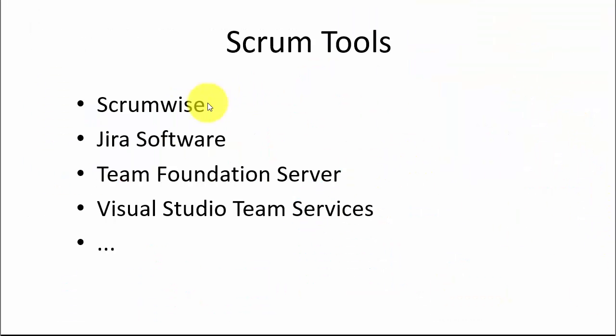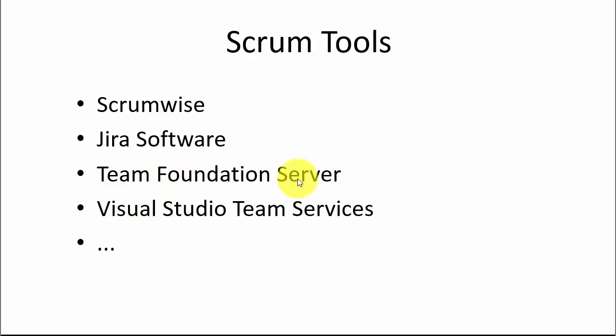When working with Scrum or other software development processes, you typically need a software tool. Here are some tools that are good for Scrum development. We have Scrumwise, we have the Jira software tool, and we have the Team Foundation Server and the Visual Studio Team Services.